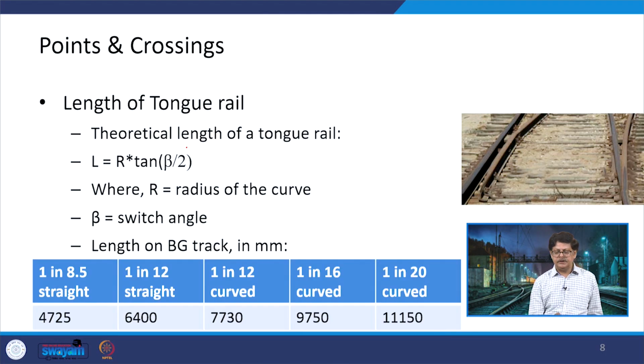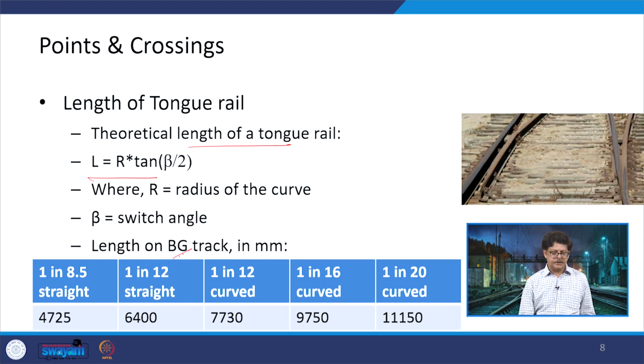So, the theoretical length of the tongue rail is defined as L = R tan(beta/2), where beta is the switch angle, R is the radius of the curve, and L is the length of the tongue rail.